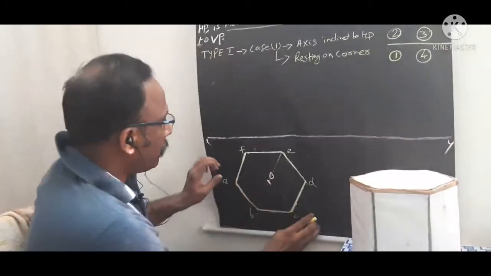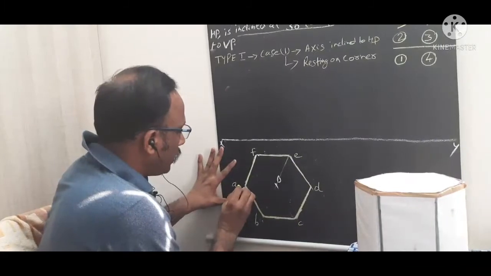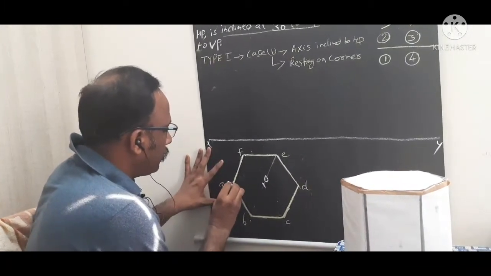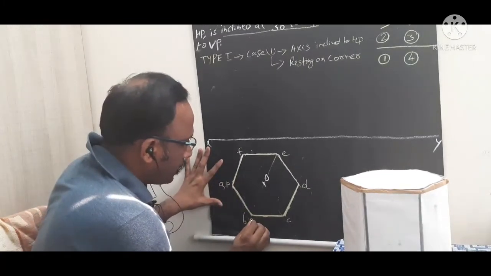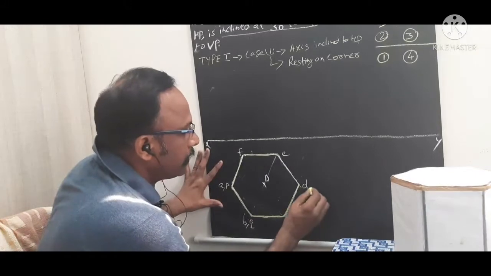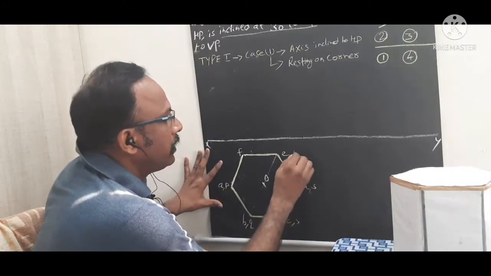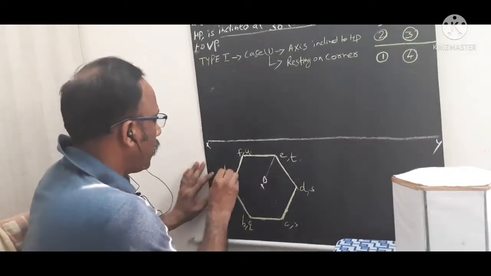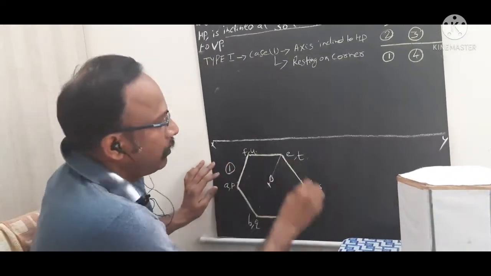The bottom corner points I am going to mark with small case letters: a, b, c, d, e and f. So I have drawn the first step and marked the corresponding points.